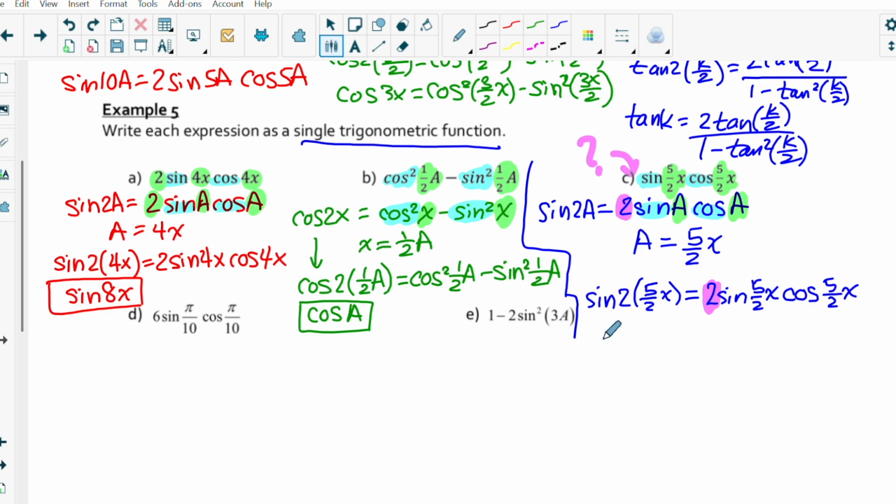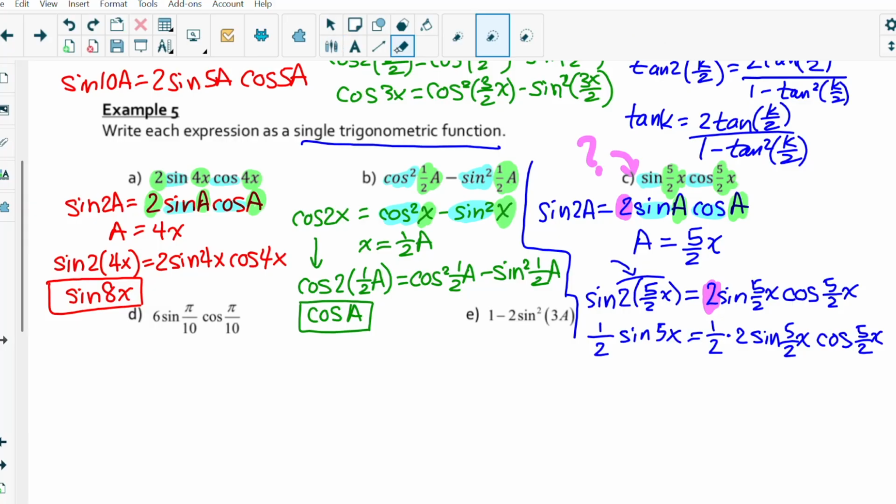What if I multiply both sides by 1/2? So 1/2 sine of, let's simplify this argument, that's 1/2 sine of 5x equals 1/2 times 2 sine of 5/2 x cosine of 5/2 x. When I multiply both sides by 1/2, that just becomes 1.